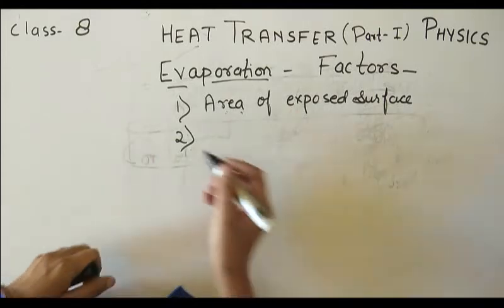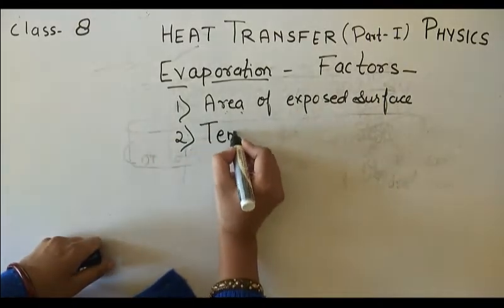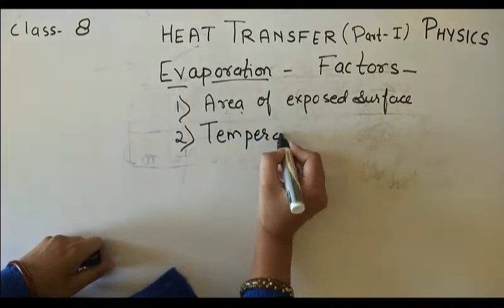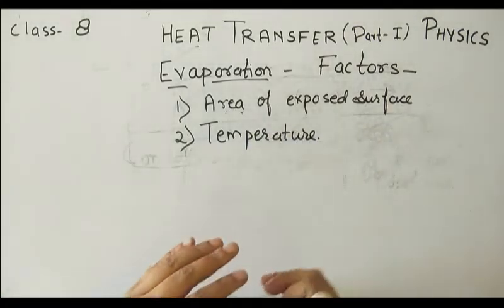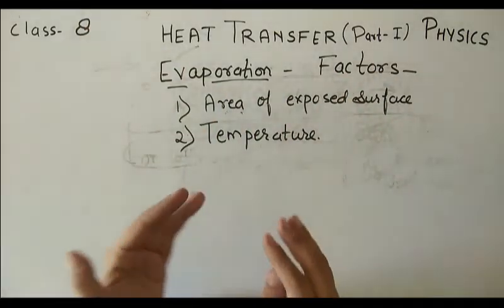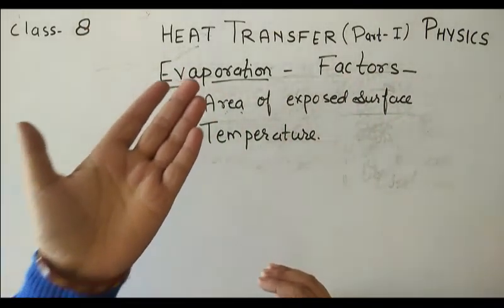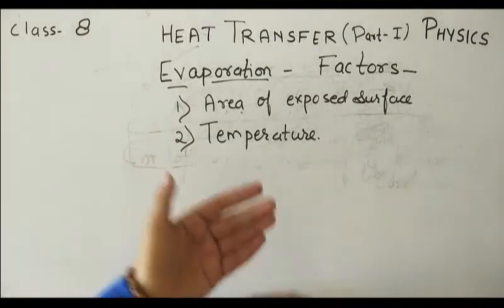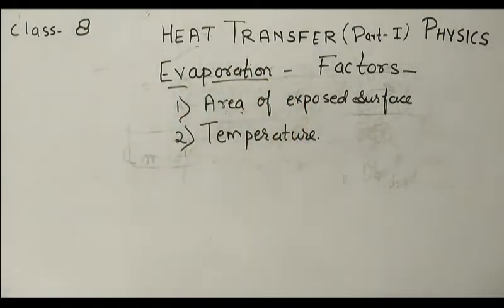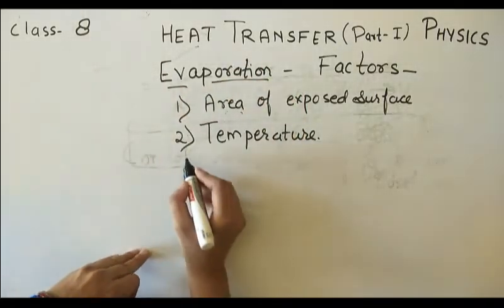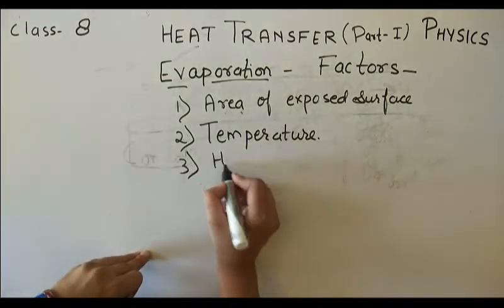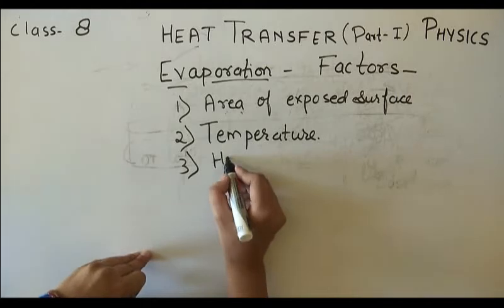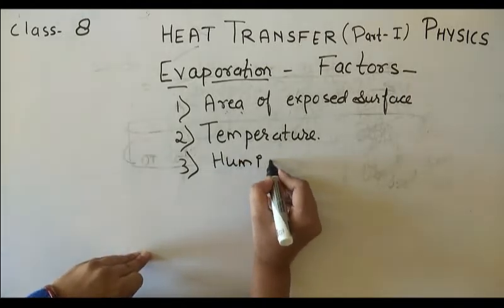Okay, temperature is also very important. Why? The greater the temperature of the surroundings, the greater the evaporation. The more light and heat there is, the rate of temperature will increase, and the rate of evaporation will also increase. Next is the presence of water in the air, that means the humidity or moisture.